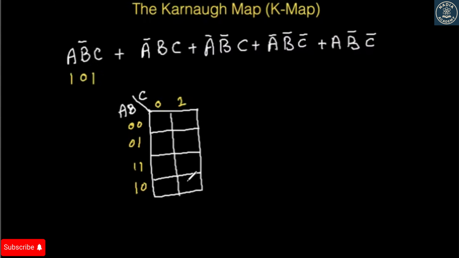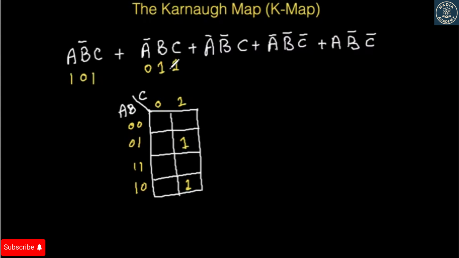So we have 1 over here. Then the next product term is A bar, which is 0, B is 1, C is 1. So it means 0, 1, 1. We are over here.